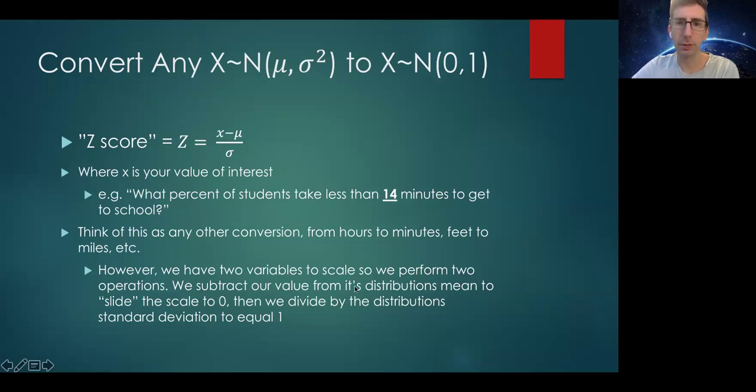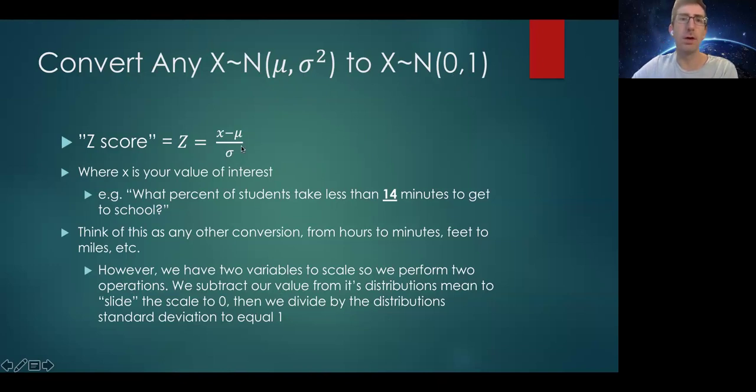But we have two variables that we need to convert. We've got our population average, which we need to get to 0. So how do you get it to 0? Well, you just subtract it from itself. The population mean minus the population mean is equal to 0.